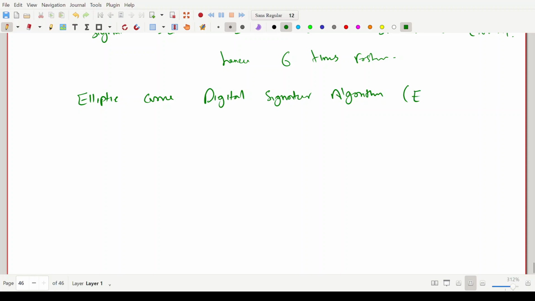We call it ECDSA. Let us see the setup. Setup is the same as your ElGamal signature.